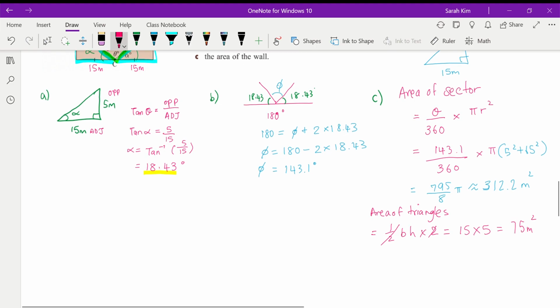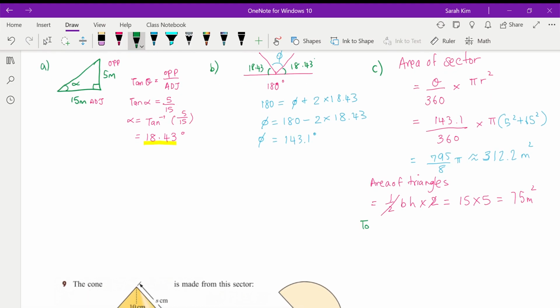If I want to find the total area, I just add these two together. Three, 9.2 metres squared. Double check the answer. Did I add it wrong?